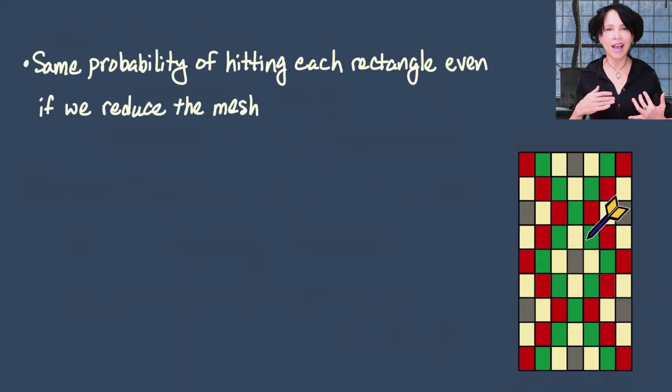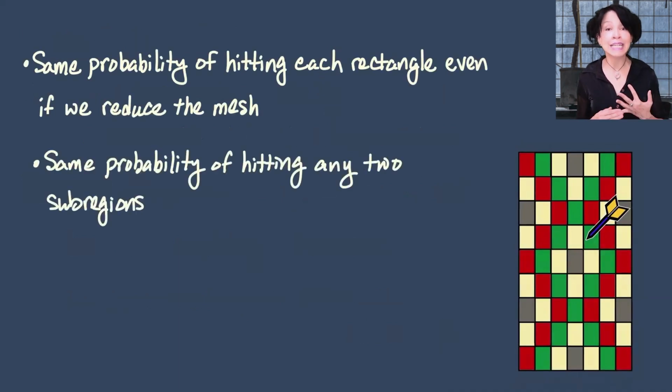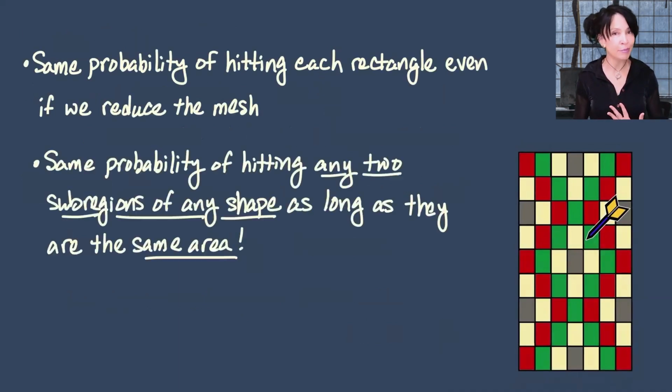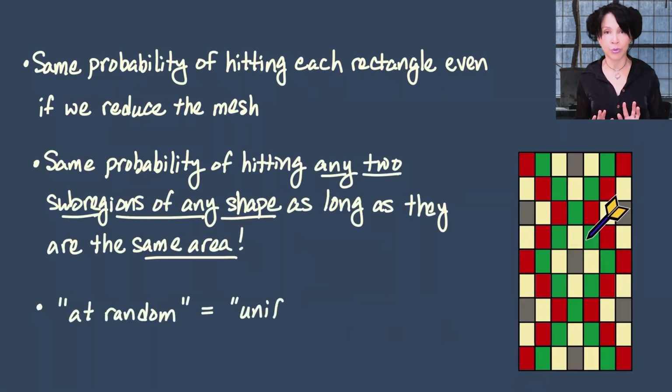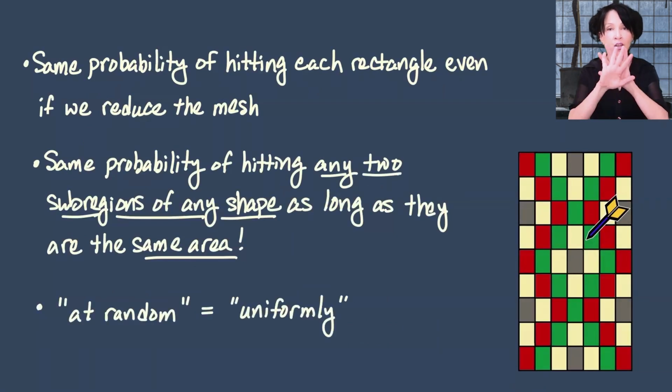So in other words, I have the same probability of hitting any two subregions of any shape as long as they have the same area. In mathematics, and especially in probability and statistics, we say that we're throwing the darts uniformly at the board. So at random and uniformly mean the same thing here.